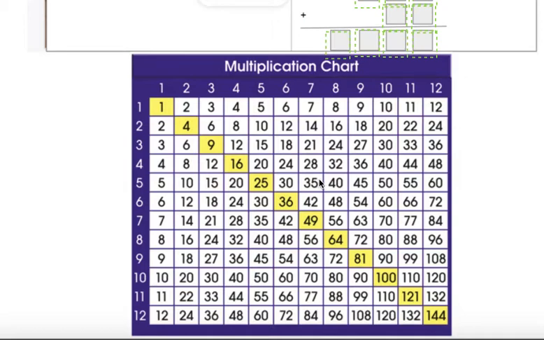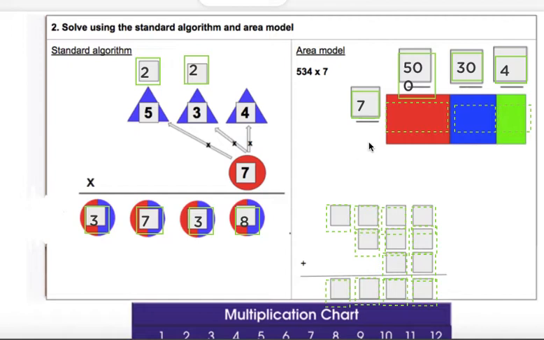What's 7 times 5? Yes, 35. So I have 35 hundreds. 35 $100 bills. How much money is that? It's not just 35. Yes, good job. 3,500.